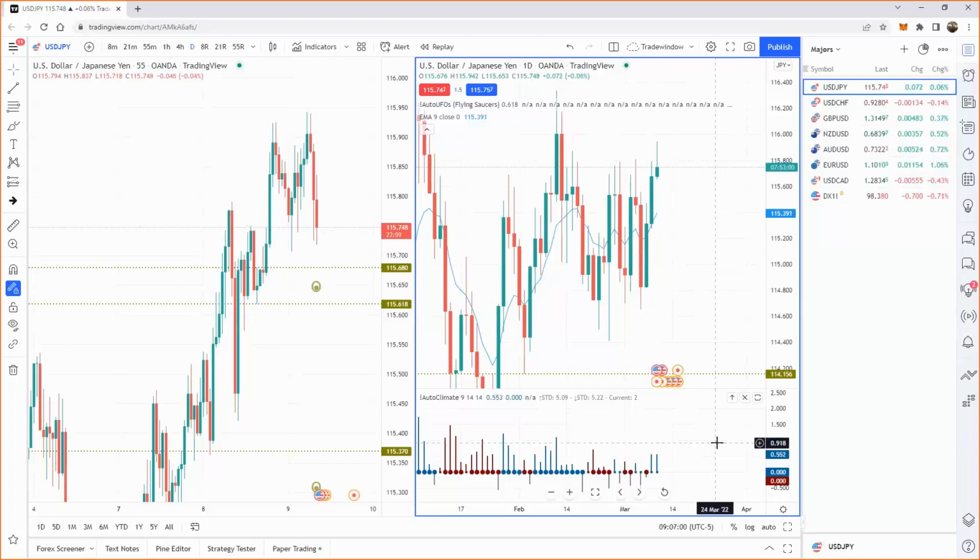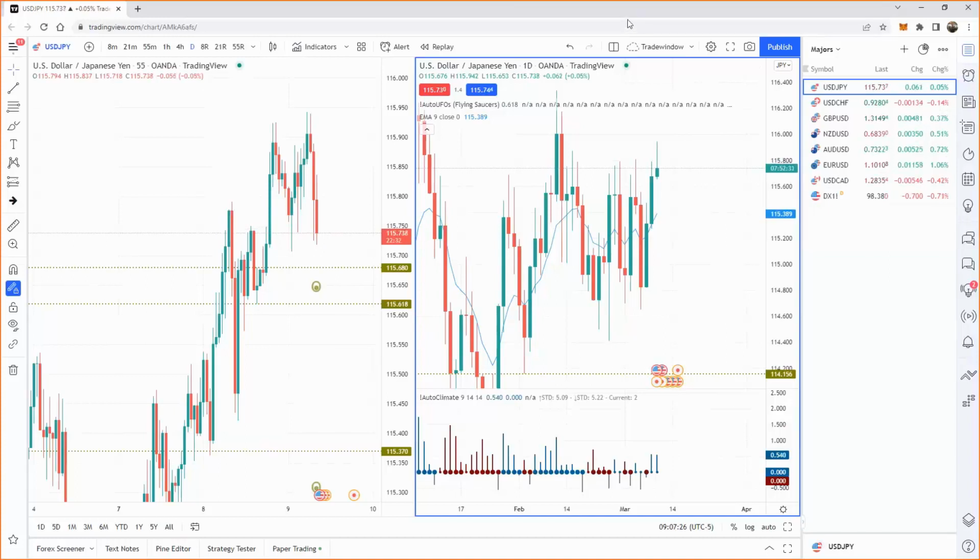The auto climate gives you directionality with the market. So it tells you whether you should be looking for long opportunities, short opportunities, or to look for opportunities elsewhere. And that's okay. Not trading is a form of trading. That means you're just in a cash position. Anybody that tells you that you just have to be fully exposed to the markets all the time to make money is incorrect.